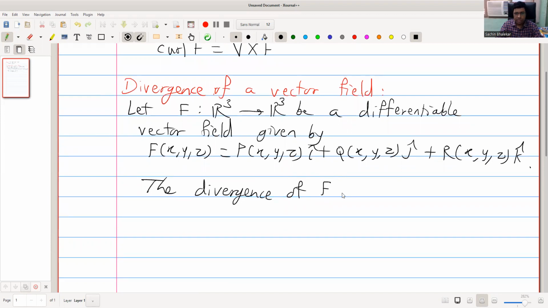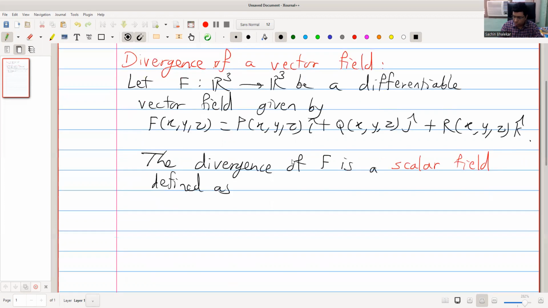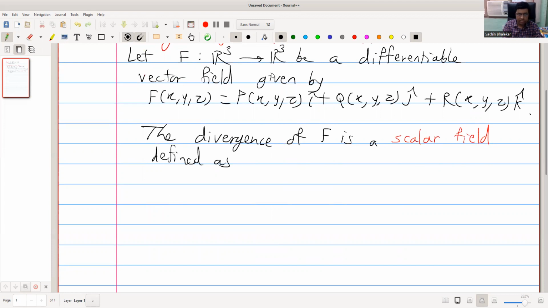So here divergence is a scalar field, defined as, so notation is div, divergence of F equal to, its definition is del dot F. Okay, so this is the dot product of these two vectors.